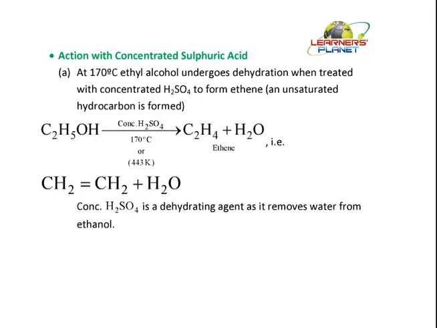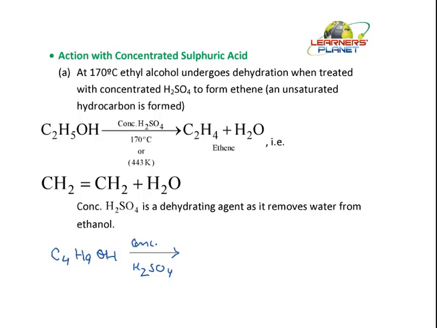If I am taking some another alcohol like C4H9OH, what is it? It is butanol. Now if I am treating this butanol with concentrated sulfuric acid, what it will form? It will form butene. What is the formula of butene?